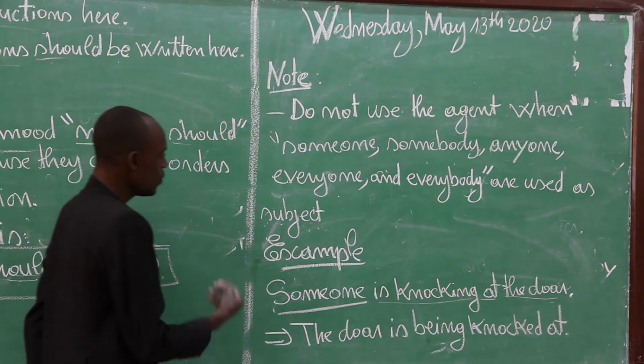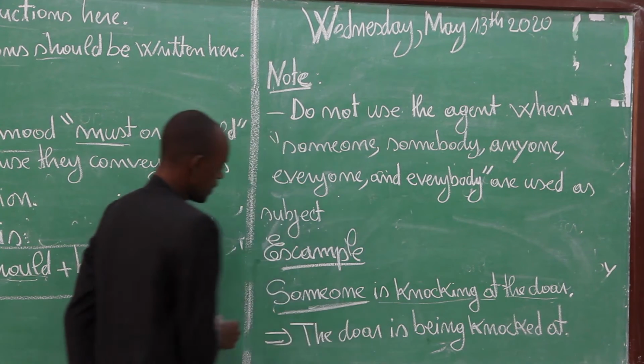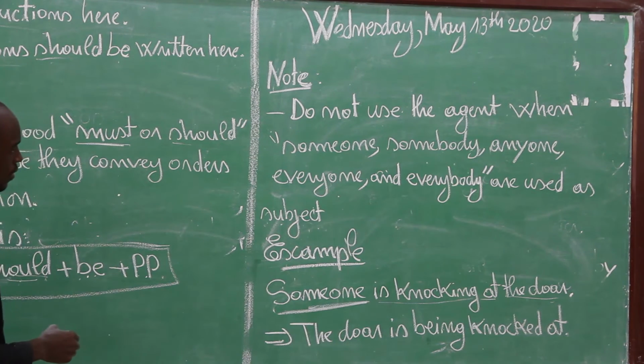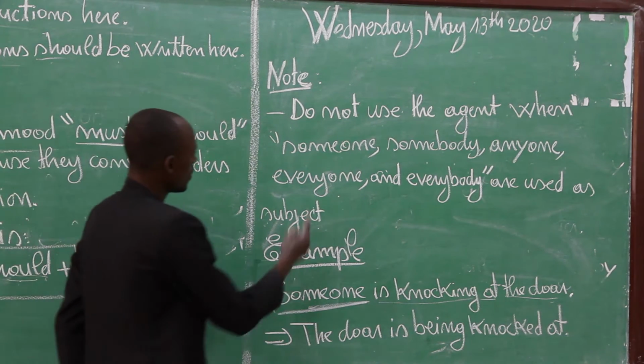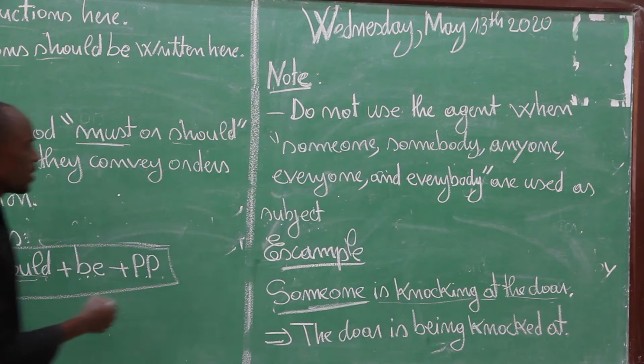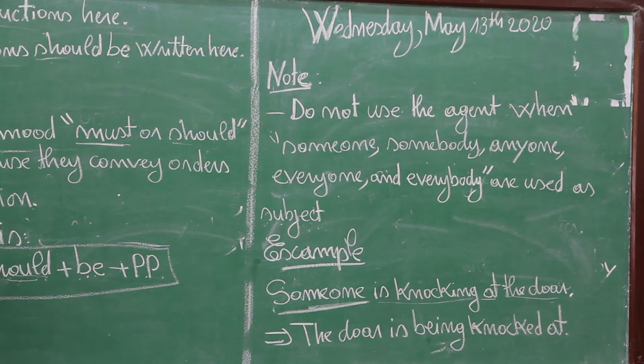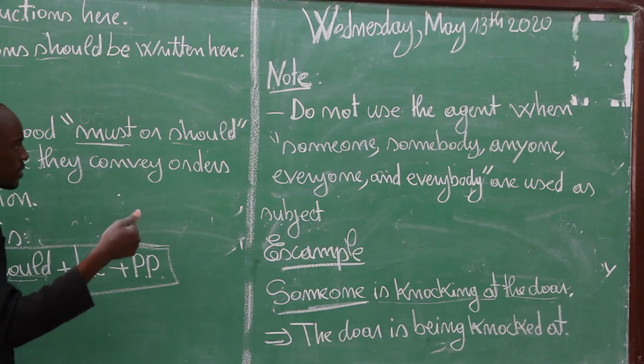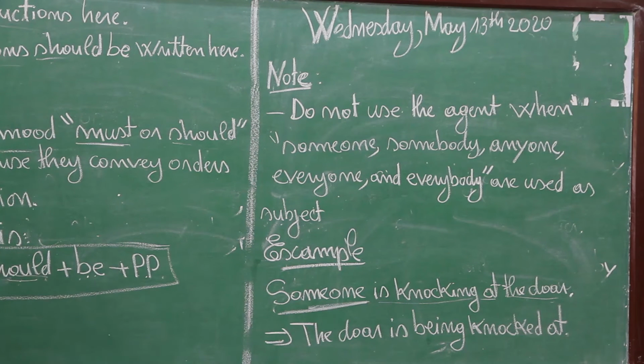You must respect this rule when you use someone, somebody, anyone, everyone, and everybody.